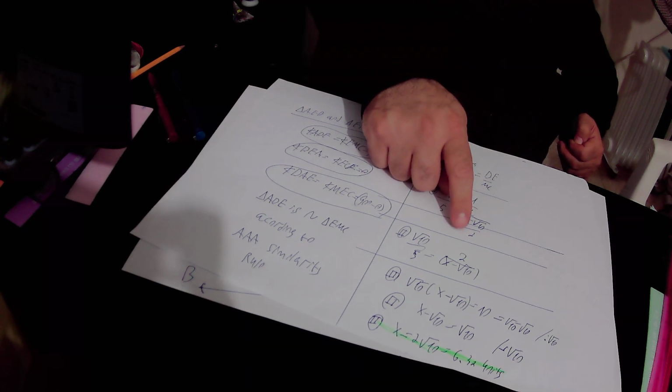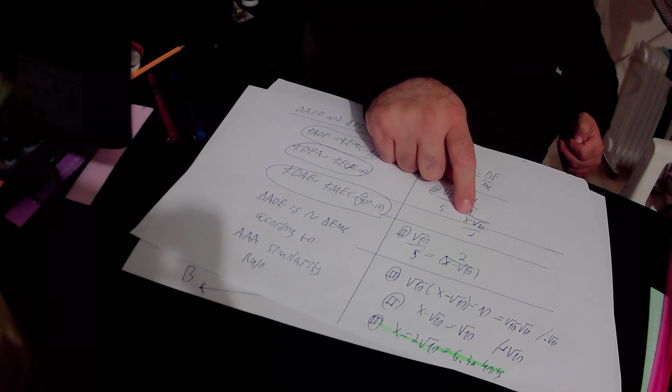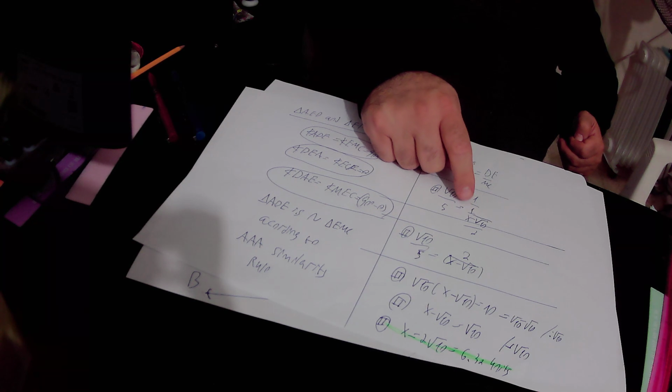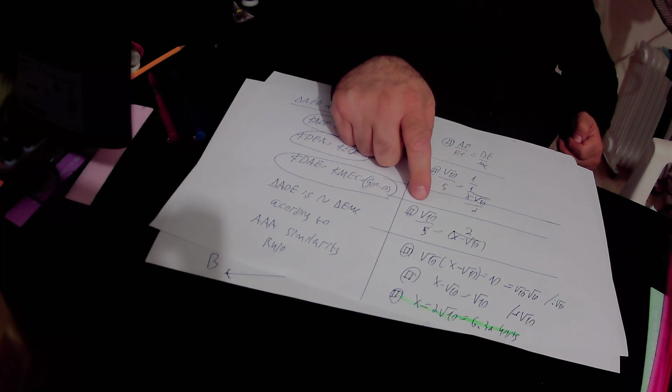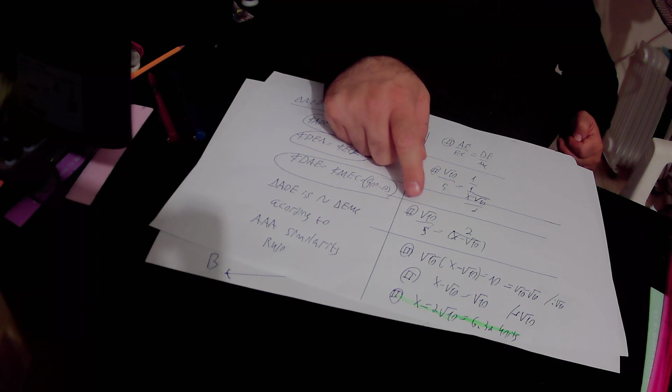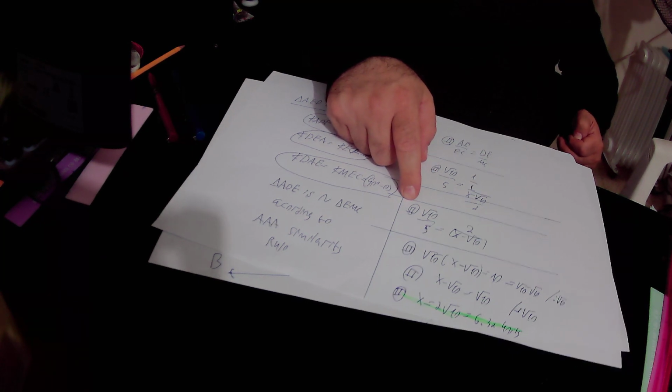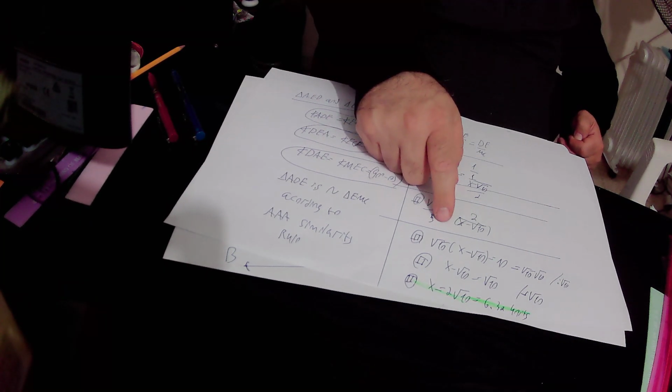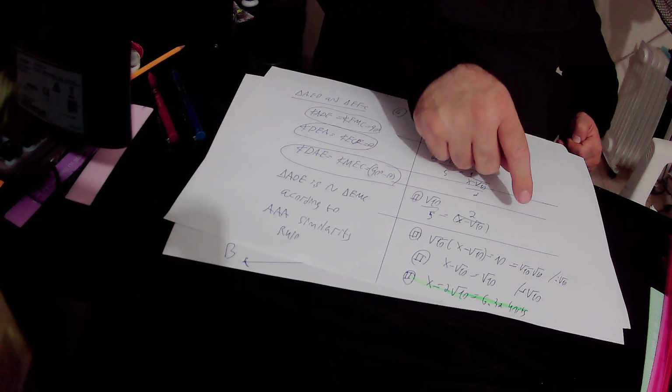Here we moved 2 to the numerator and x minus square root of 10 to the denominator, and we got that square root of 10 over 5 equals 2 over x minus square root of 10. We cross multiply this equation number 2, and we got that square root of 10 times x minus square root of 10 equals 10, but 10 is square root of 10 times square root of 10.